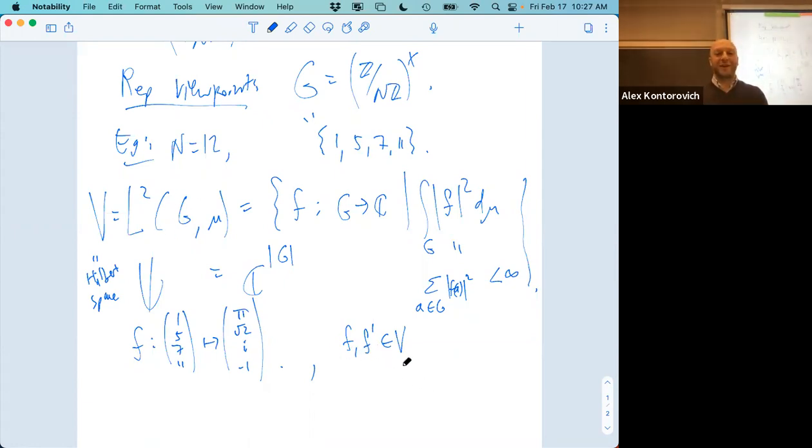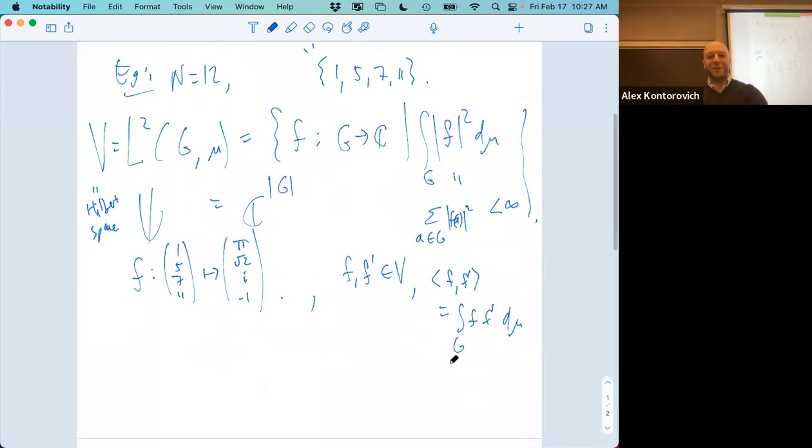The inner product on them is the obvious thing. You integrate f times f prime bar d mu over G, which again just means in our context the sum over the elements a of G, f(a) times f prime bar of a.